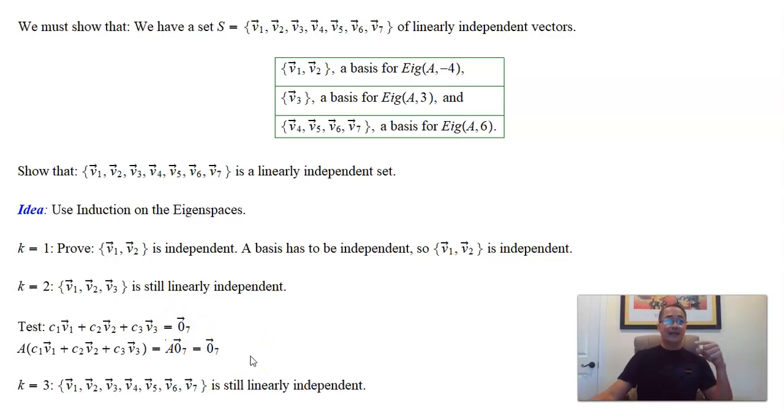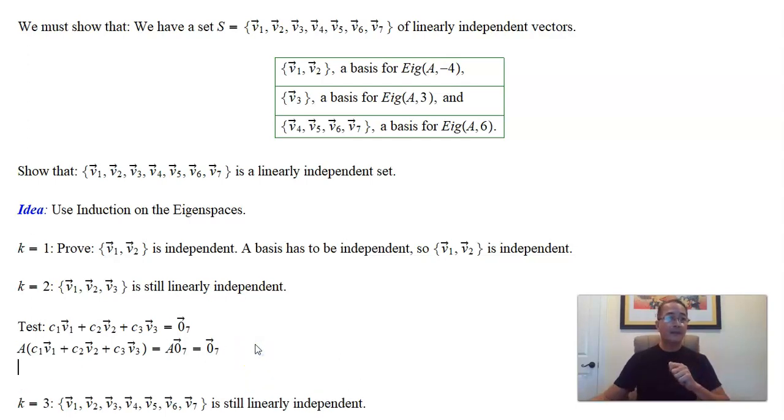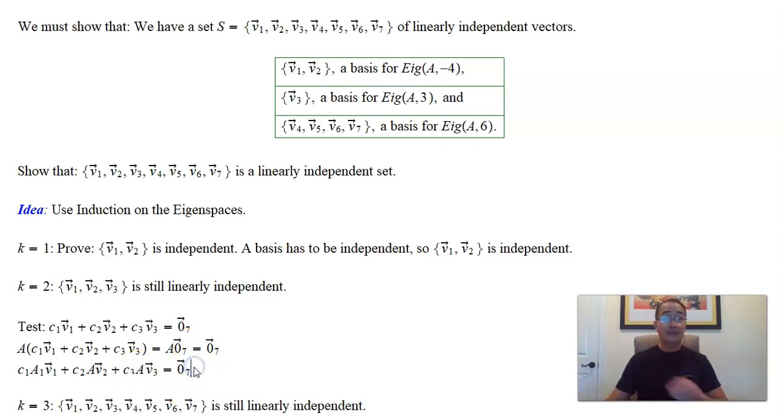Now we use additivity and homogeneity. So we get C1 A b1 for our first step, plus C2 A b2 and so on. There will be an A there, there will be an A there, and we still have the 0 vector.